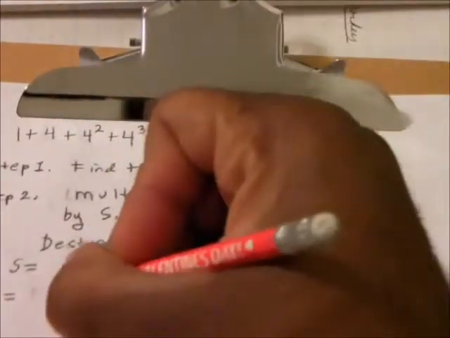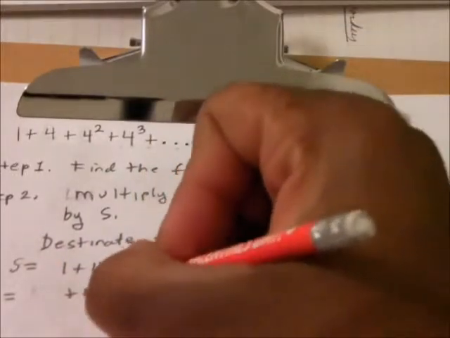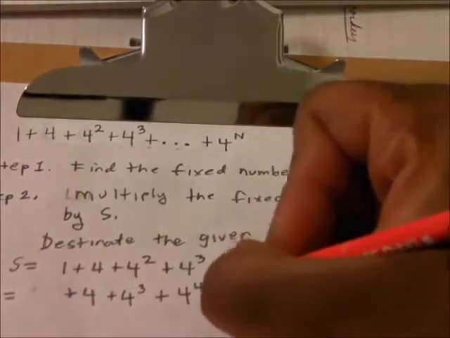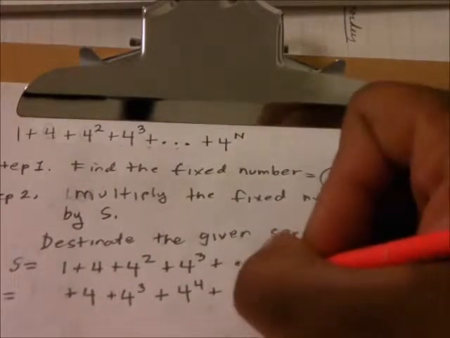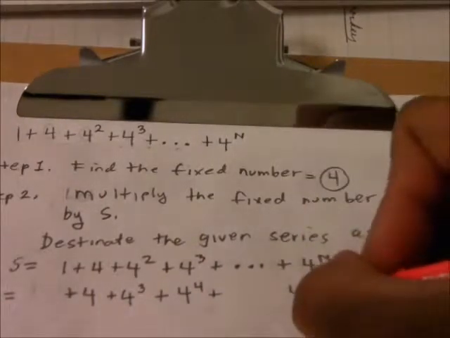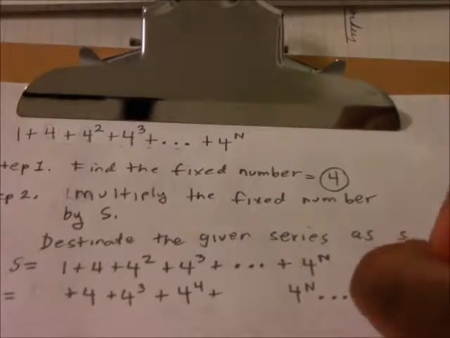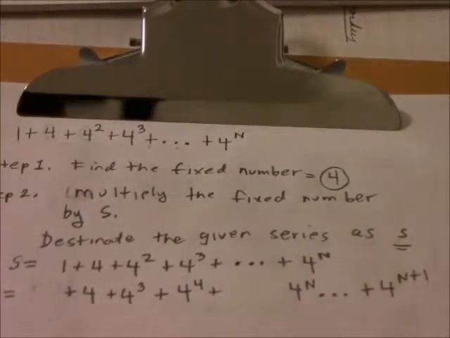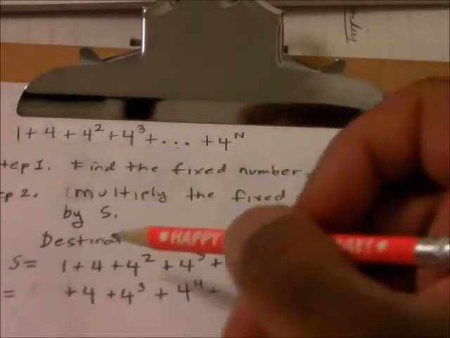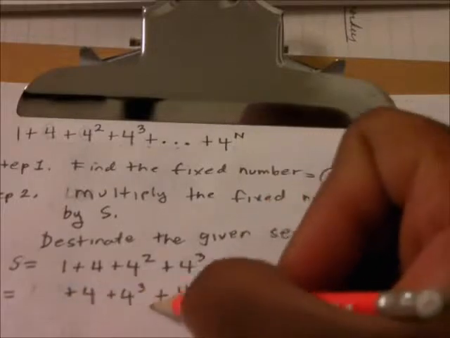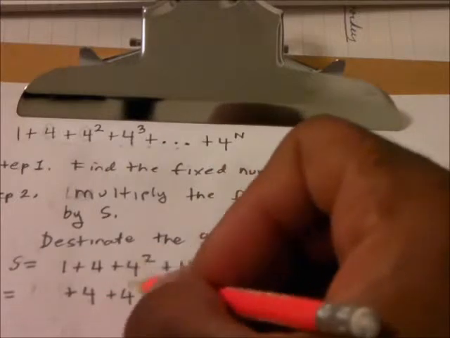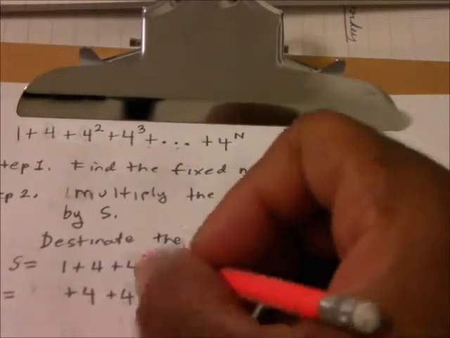Plus 4 to the third plus 4 to the fourth plus 4 to the n, then the dots, plus 4 to the n plus 1. Like I said before in the first problem, each of these is increased by 4. When we're multiplying exponents with the same base, we add them.